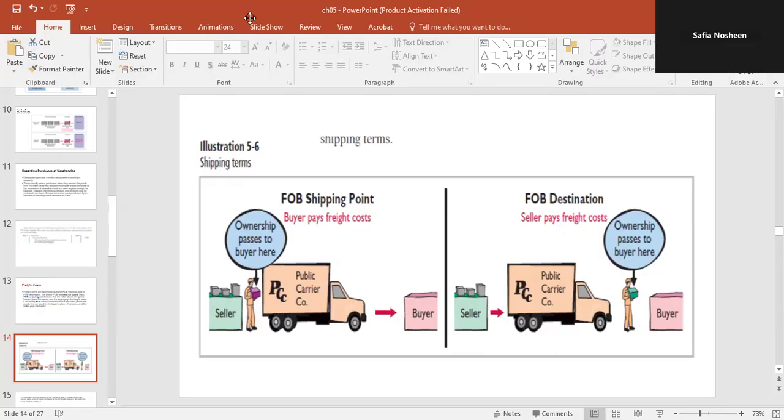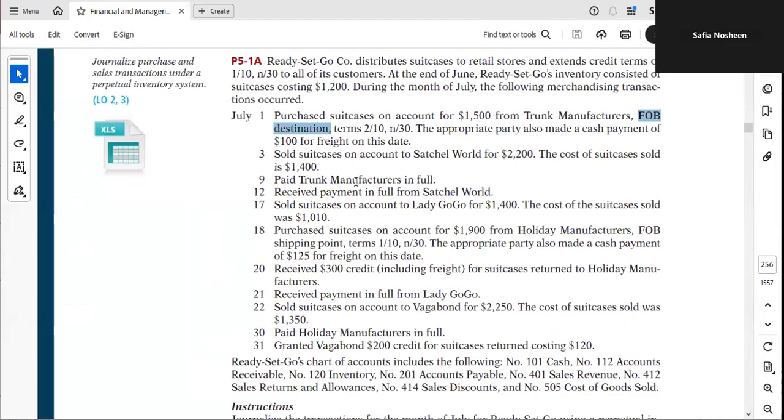In our given problem, we are told FOB destination, which means the seller will make the payment. So we don't need to record this cost. We will just record the buying of inventory, and that's all.